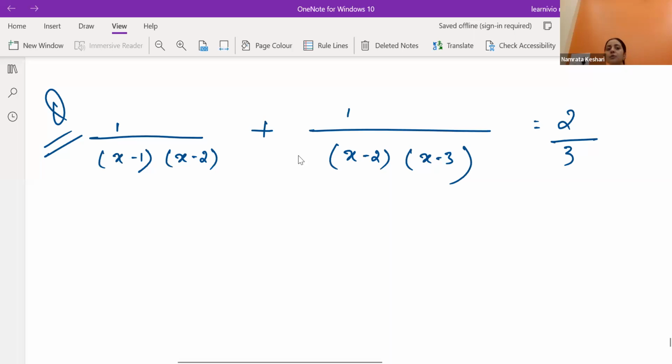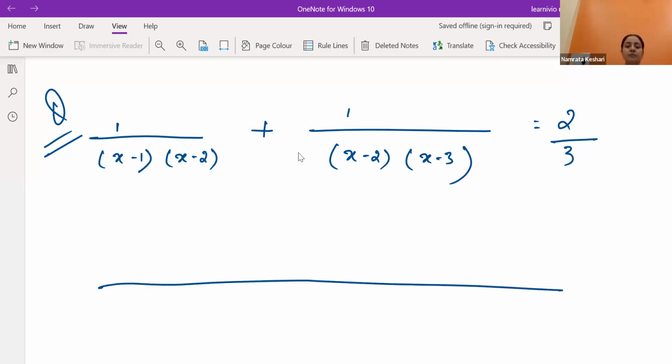Okay, you will be able to do it. But if I ask you at first, what is the LCM which can be taken from the left hand side? On the left hand side. Yes, it is.